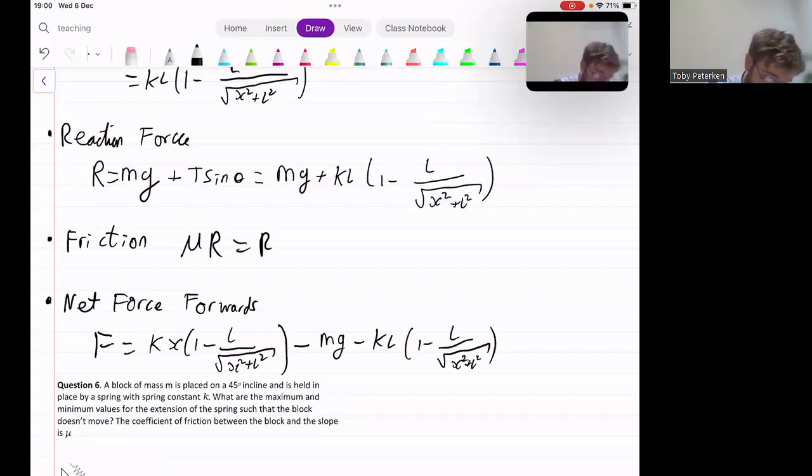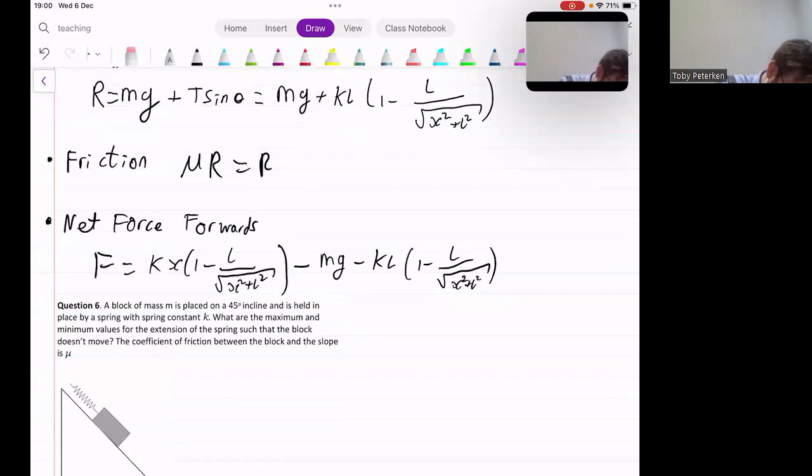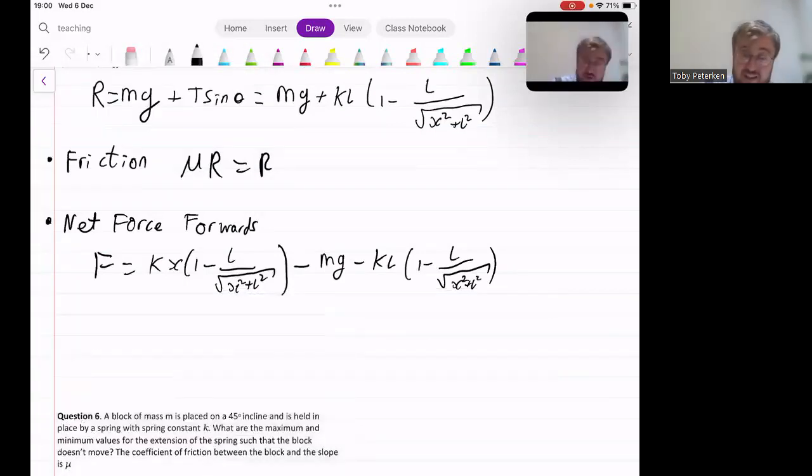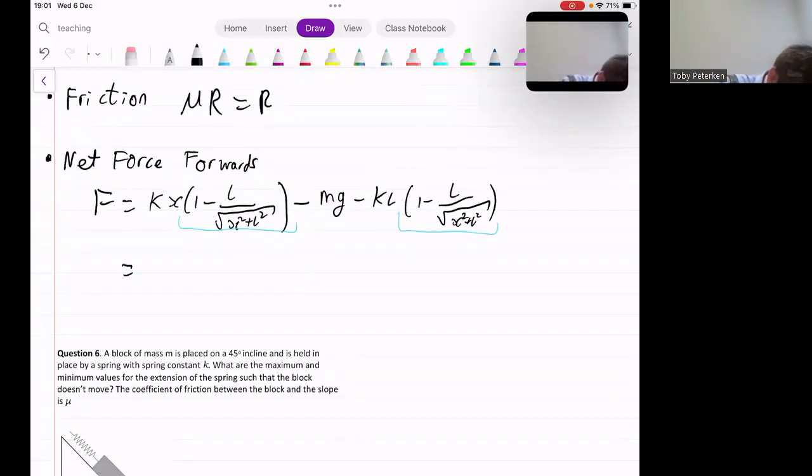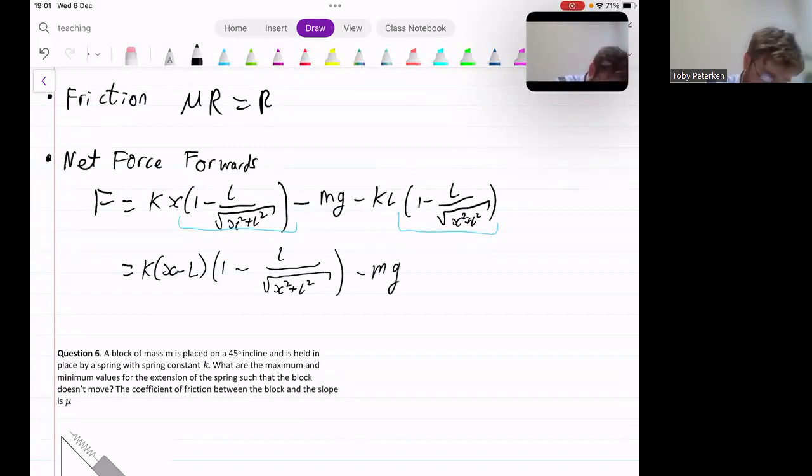which can be simplified slightly. Still not exactly nice, but we see that this bracket here is the same as this bracket. So we can simplify this slightly to k times x take away L, times 1 minus L over the square root of x squared plus L squared, minus mg.